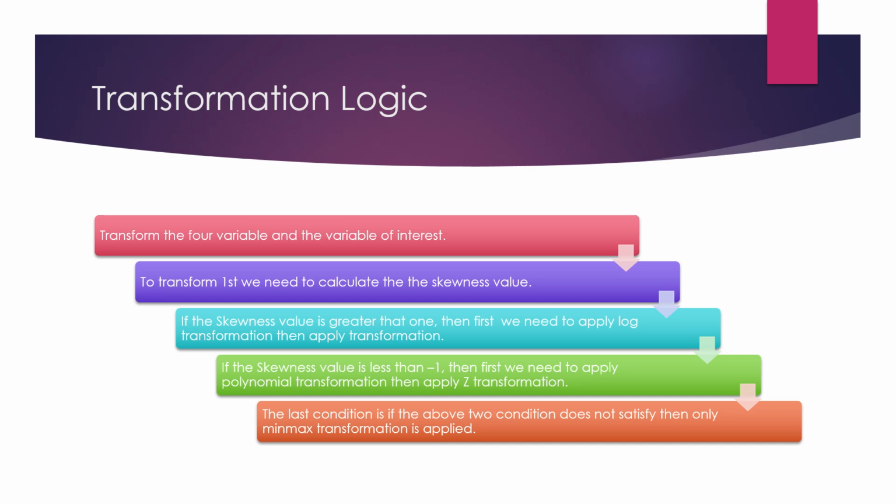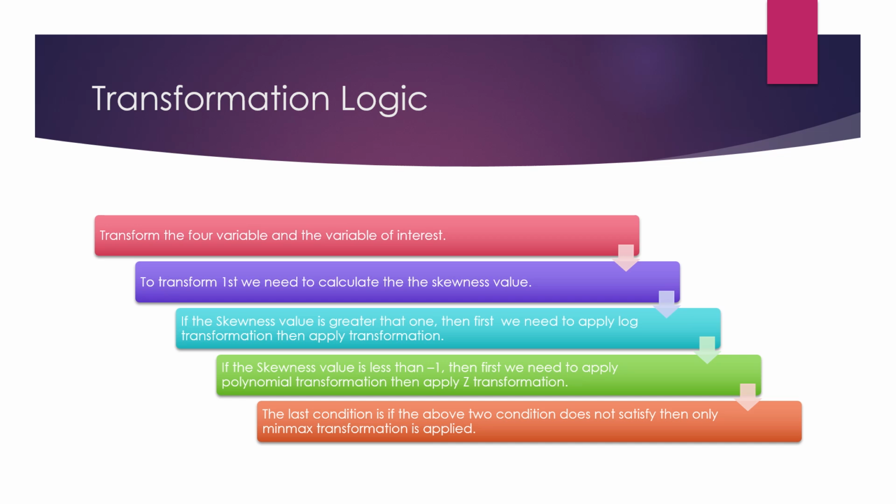Coming to the transformation logic, this is the first and basic step while predicting the wine quality, and I did this transformation logic on the basis of skewness value. First I calculated the skewness value.